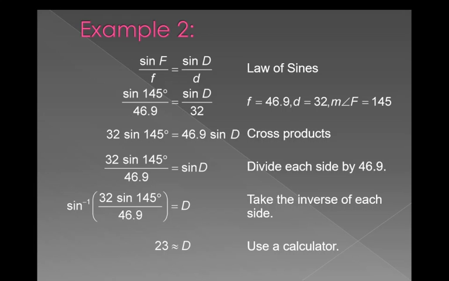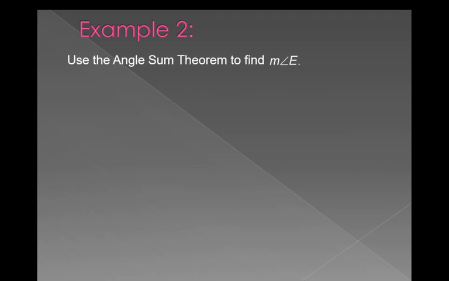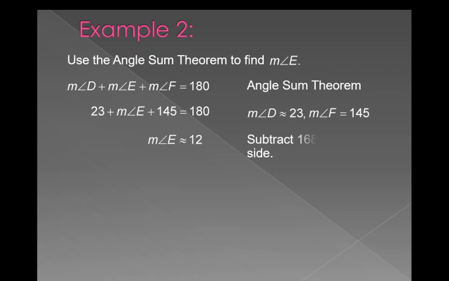Okay? And of course, since I know angle D now, I can find the other angle because I have two of my angles, and we use the sum of a triangle to find the third one. So you take 180, subtract the other two, and you find angle E is approximately 12. Okay?